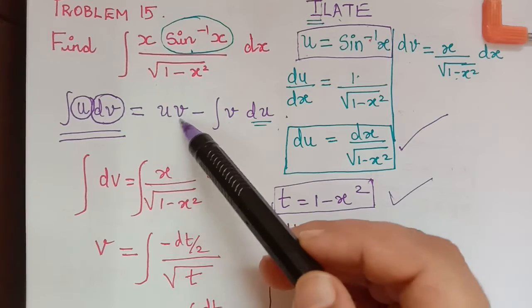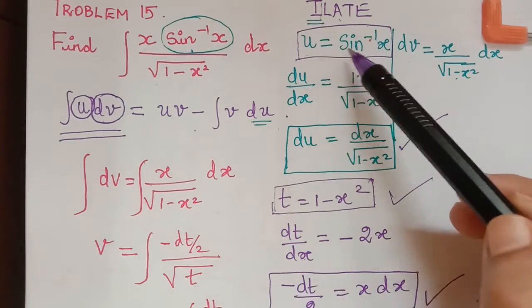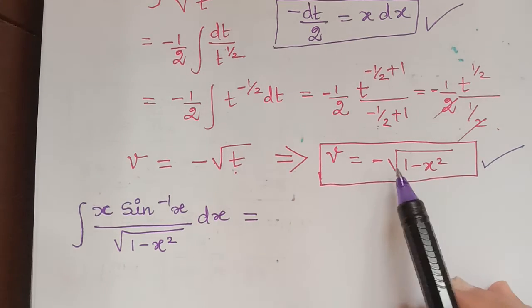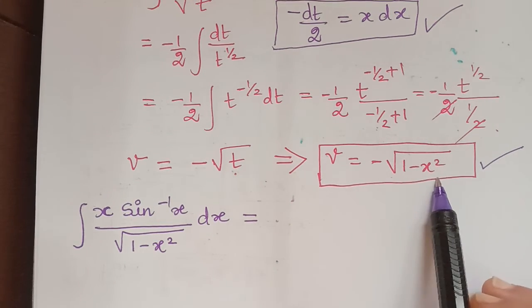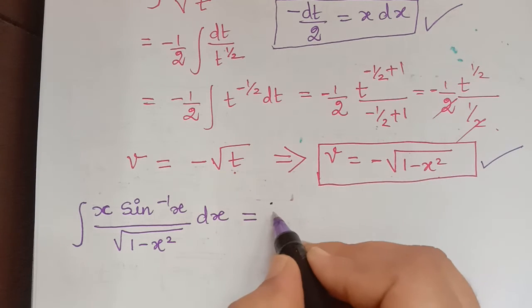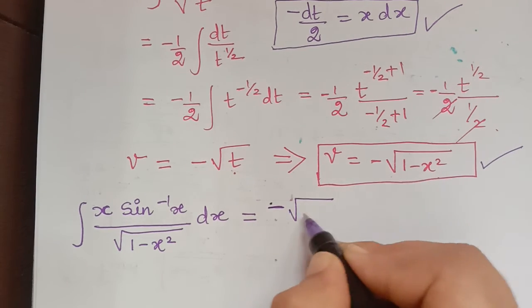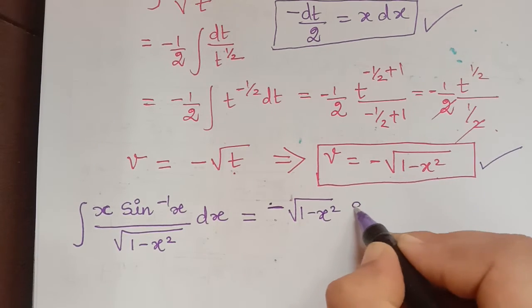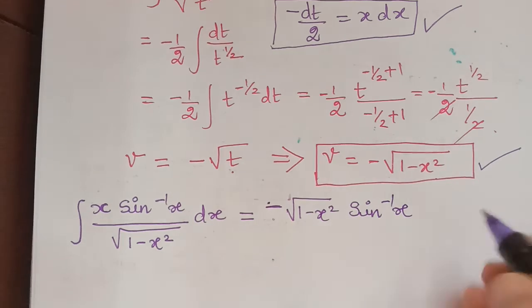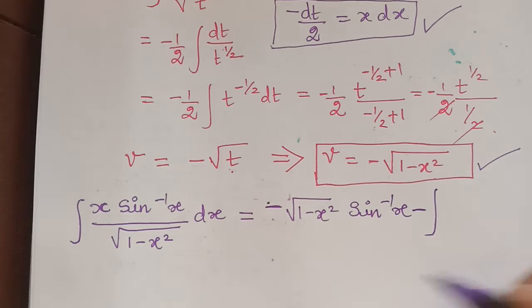So first we have to multiply u and v. u is sine inverse of x and v is minus square root of 1 minus x square. So first we will write the negative sign and then square root of 1 minus x squared and then sine inverse of x.